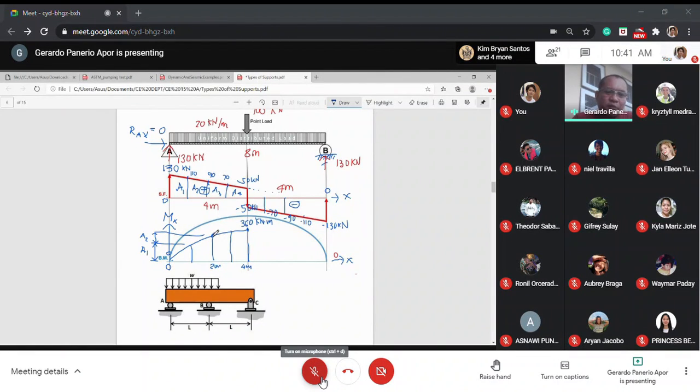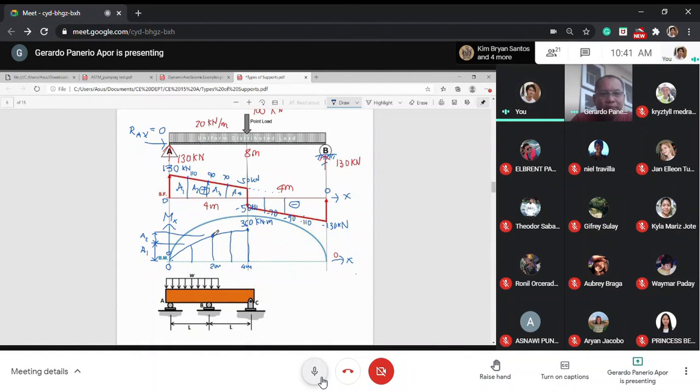What is the magnitude? Using the average height, what is the height of the shear diagram at 2 meters? 90, sir. Okay, 90. And the other side?